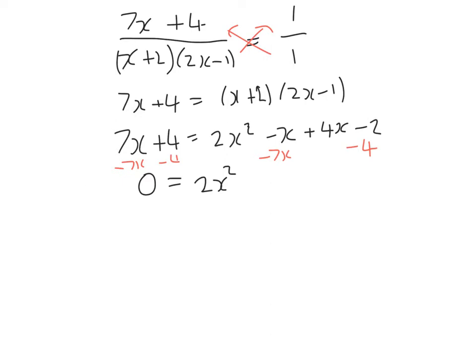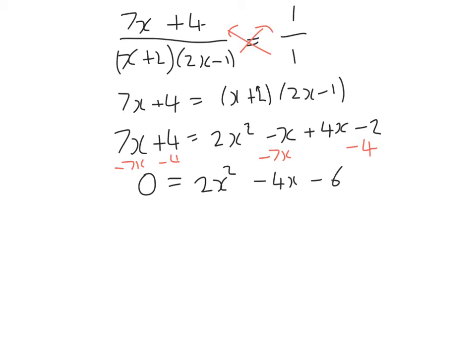But we take away 7 of those. So 3 take away 7 is minus 4, so minus 4x. And then we've got minus 2 and we take off another 4, which gives minus 6.